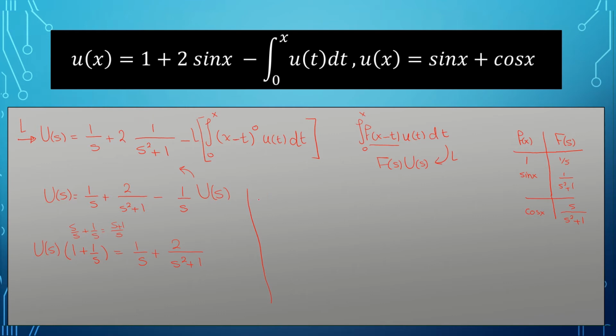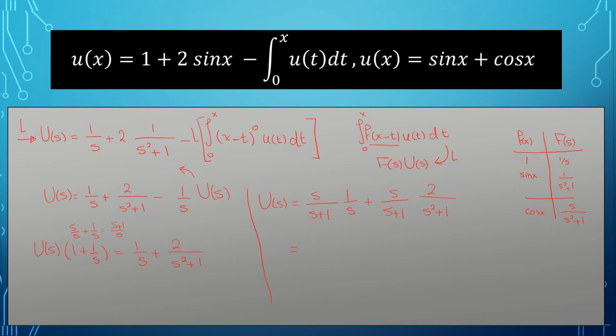That will give us U(s) equal to s over s plus 1 multiplied by 1 over s, plus s over s plus 1 multiplied by 2 over s squared plus 1.